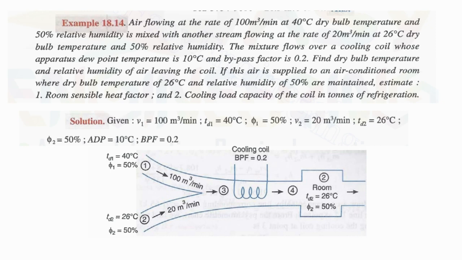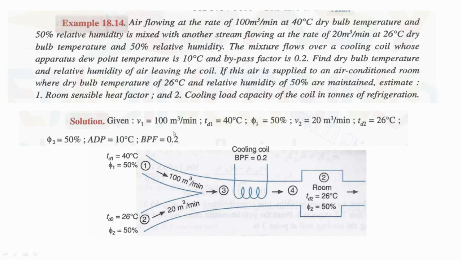If this air is supplied to an air conditioned room where a dry bulb temperature of 26 degrees Celsius and relative humidity of 50% are maintained, we have to find the room sensible heat factor and the cooling load capacity of the coil in terms of refrigeration.